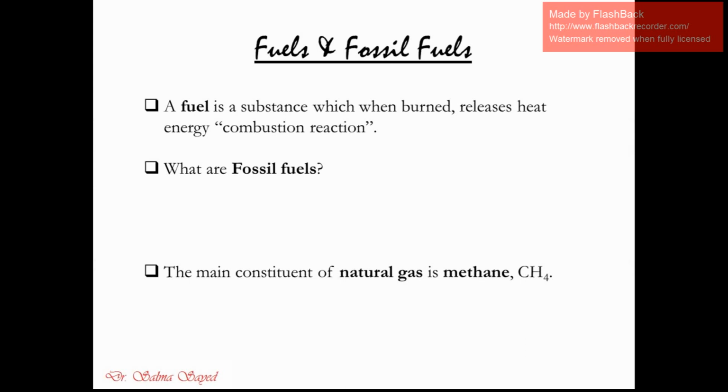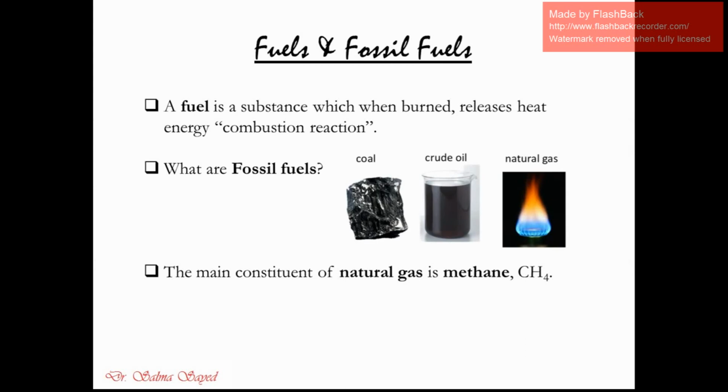What about fossil fuels? Fossil fuels basically refers to fuels that have been formed from the remains of ancient animals and plants millions of years ago. These include coal, crude oil, and natural gas. You should also know that crude oil can also be referred to as petroleum and that the main component of natural gas is methane.